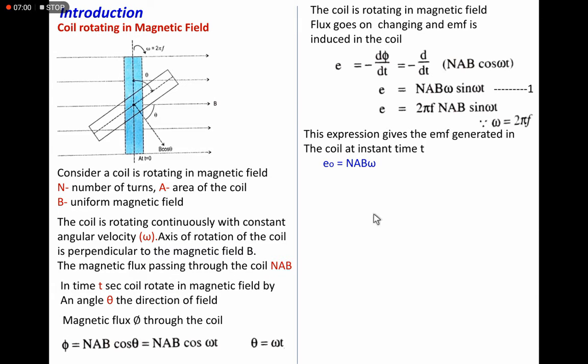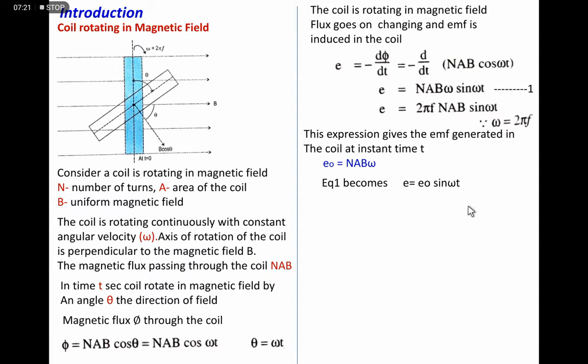So our equation becomes E is equal to E0 sine of omega t. So this is the EMF induced in the coil when the coil is rotated in the magnetic field.